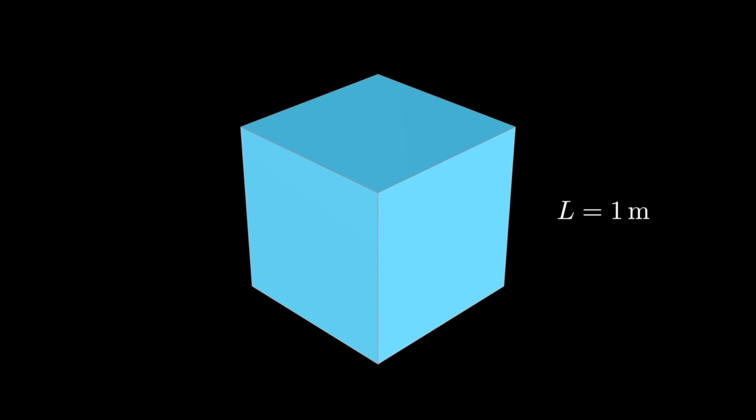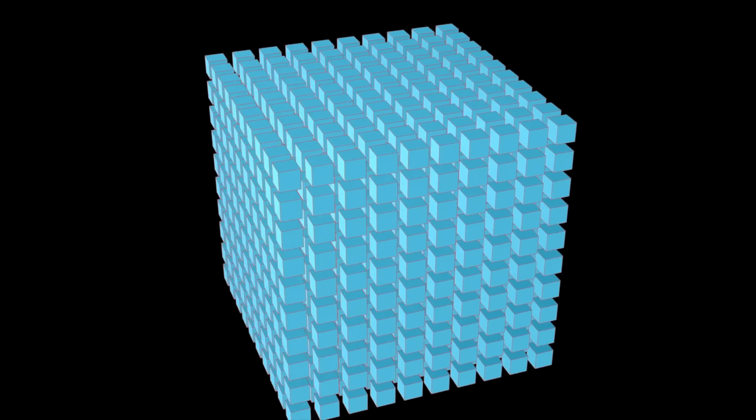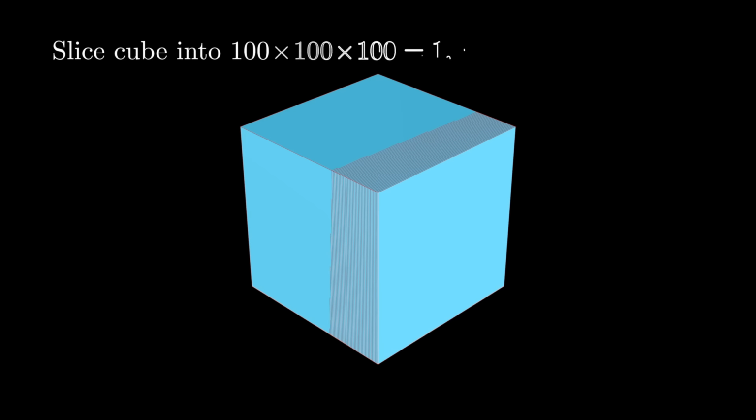With this in mind, let's slice up our cubic meter into smaller pieces. If we make 10 slices along each axis of the cube, we end up with 1,000 smaller cubes. Unfortunately, we're going to need to zoom in much more than this, so instead, let's make 100 slices along each direction, leaving us with 1,000,000 smaller cubes.